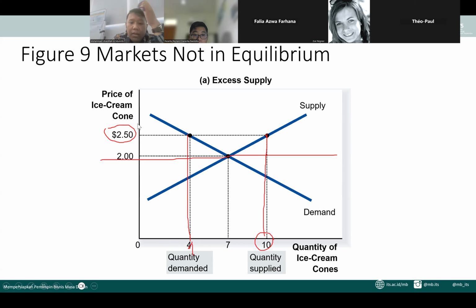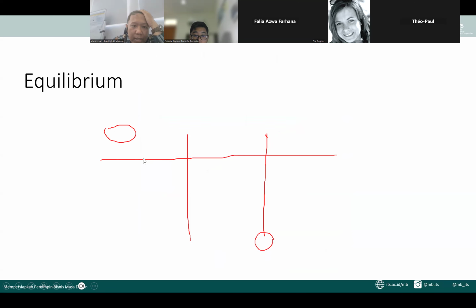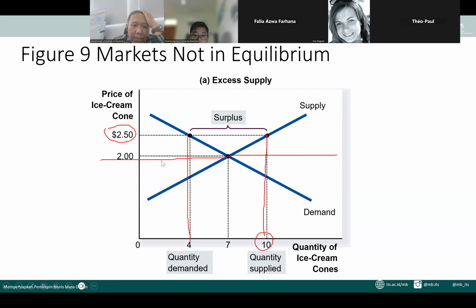So we have more products to be sold than buyers. When the price is higher than the equilibrium price, we are going to have a surplus.